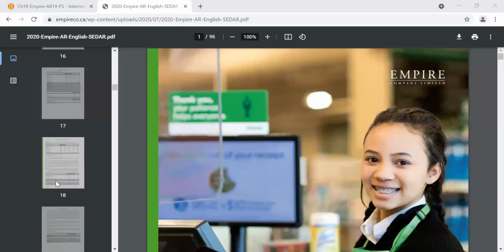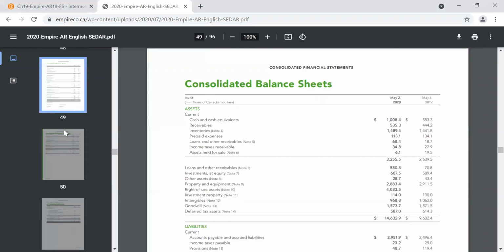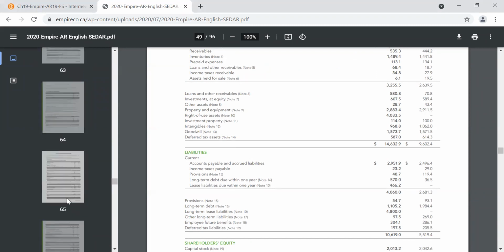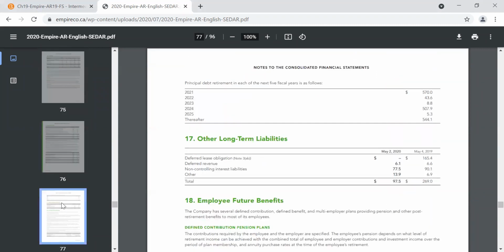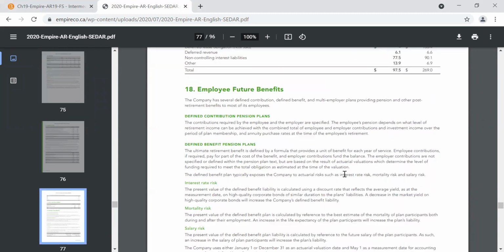Okay. So this is the annual report. We have to find the footnote. Footnote number 18. So it's a different year. This year it is number 18. So let's go to footnote number 18. Okay, here it is. Employee future benefit.